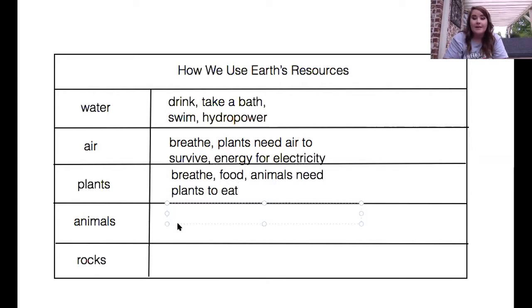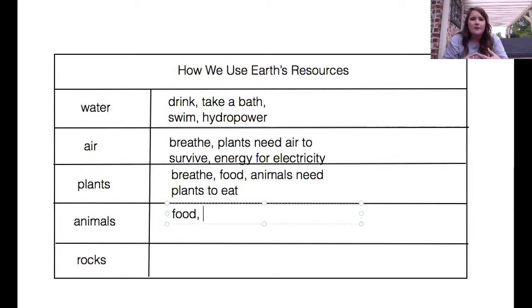Okay, so what about animals? Why do we need animals? I know most people think that we need animals for pets, and you're right, we do like having pets, but think about them as a form of a resource. If we were out and about, and this was a long time ago, like cavemen, what did they used to do with animals? Okay, they used to eat them. So people would eat, and we still do. If you eat hamburgers, you're eating a cow. So animals are a source of food for us.